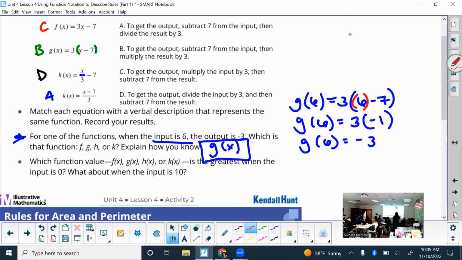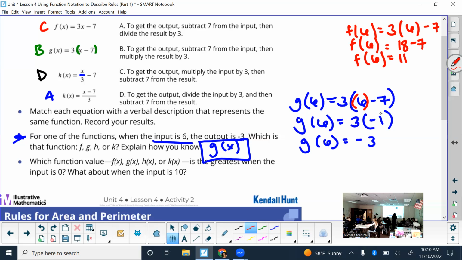So I heard F of X. When we plug that in, it looks something like that. And what's 3 times 6? 18. And then -7. 11. So that is not an output of -3.